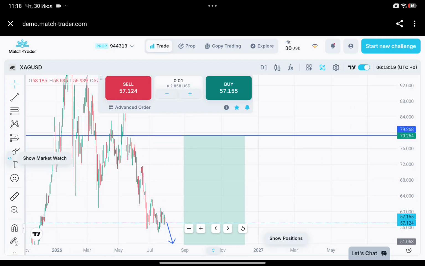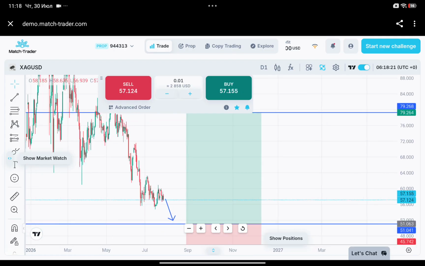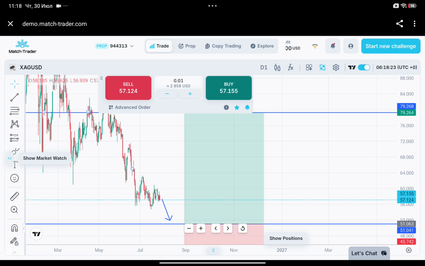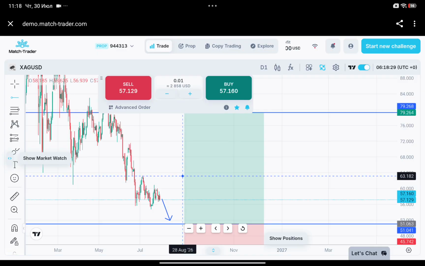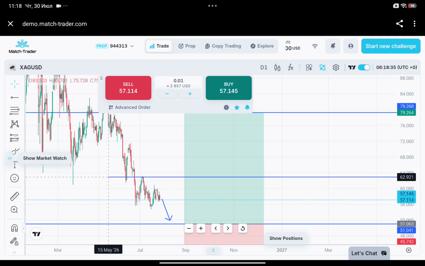Because I'm gonna look at the charts and say, where is the horizontal line? As you could see, right here around $62, there is a supply zone.